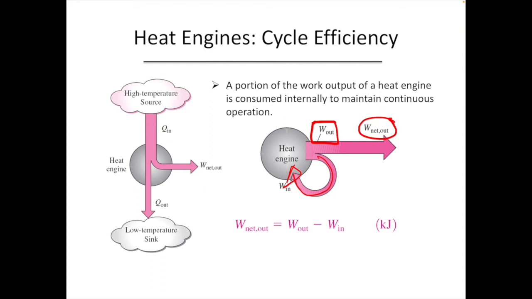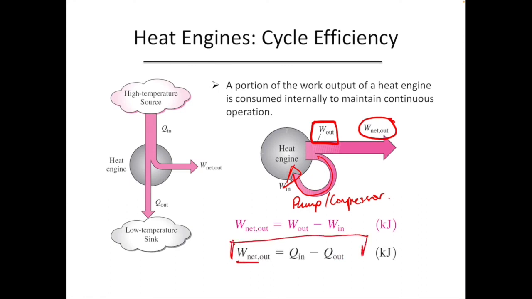That could be, for example, due to a pump or a compressor, which takes work from the output, usually a turbine, and puts it back into the system to increase the pressure of the fluid. So the net work output is equal to the net heat transfer of a cycle, which we discussed previously when we looked at thermodynamic cycles.